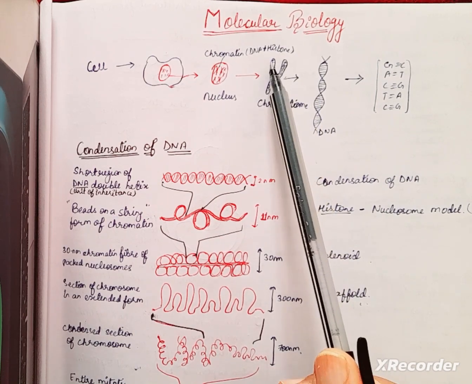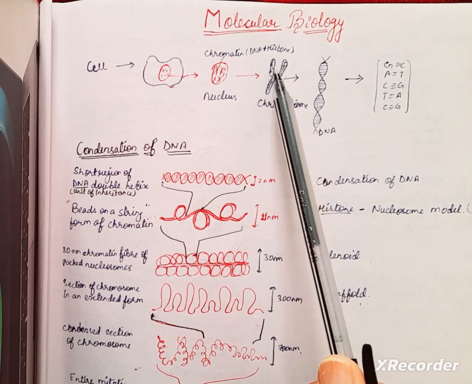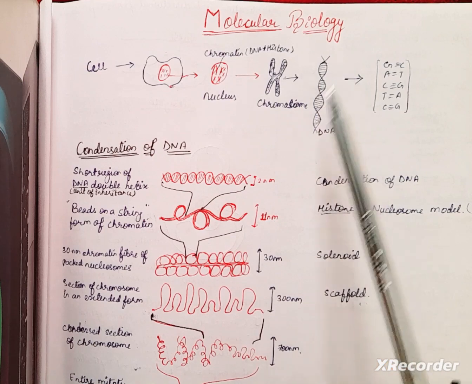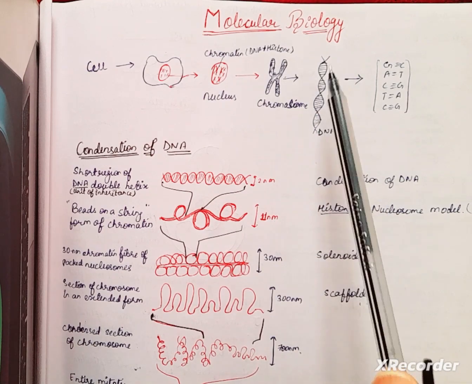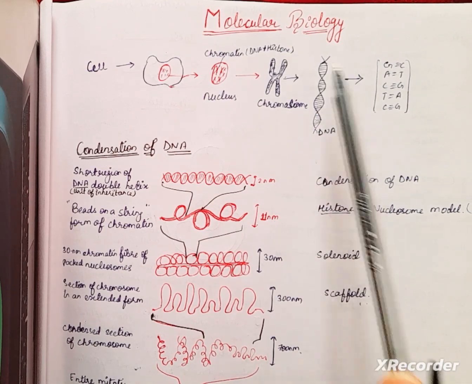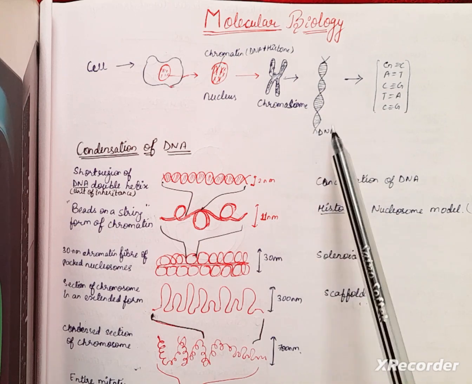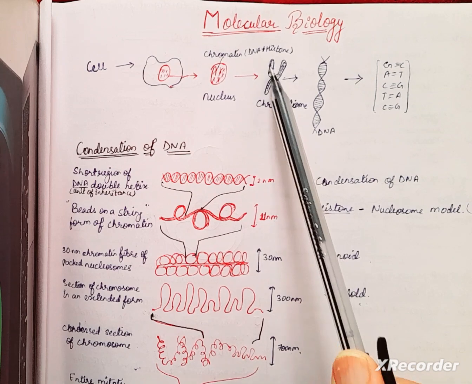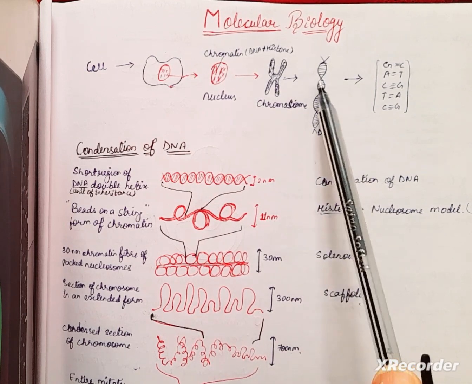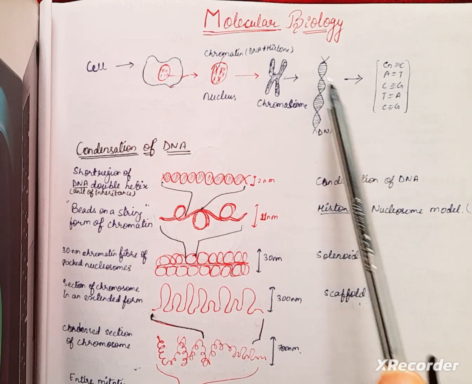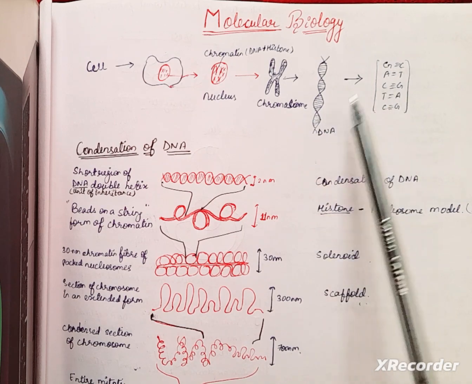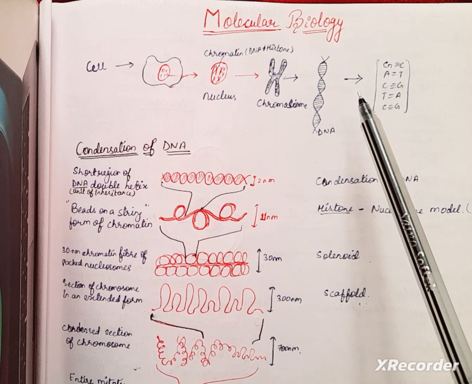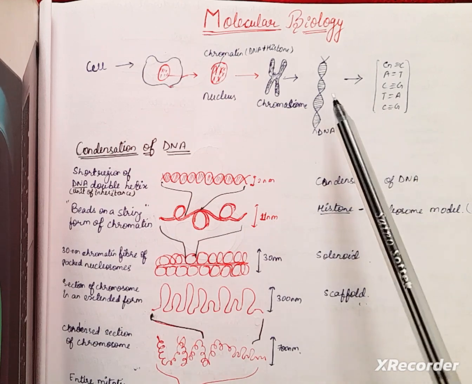If we open this part, we can see the DNA structure. DNA is fully condensed and forms the chromosomes, and if we look at this small part of a chromosome, we can see DNA like this. DNA is made up of four different bases, and phosphodiester linkage is also present.